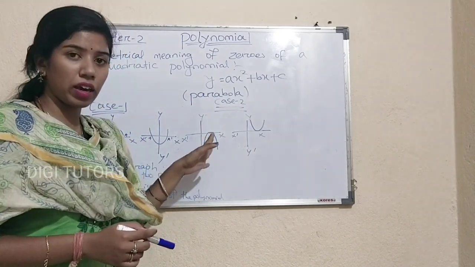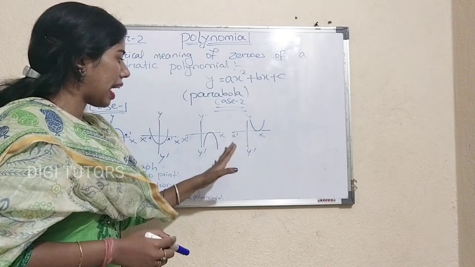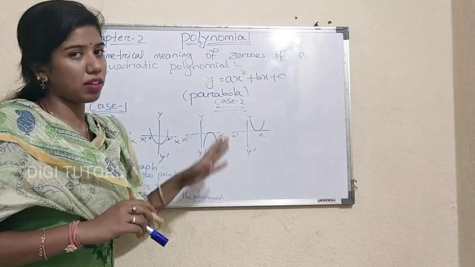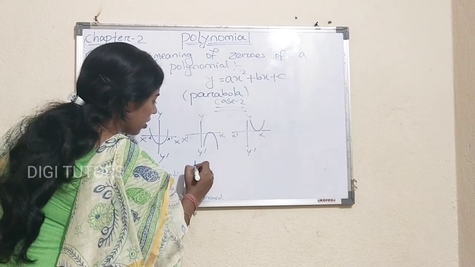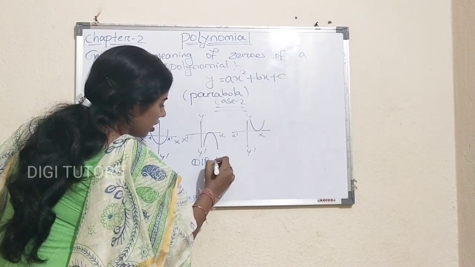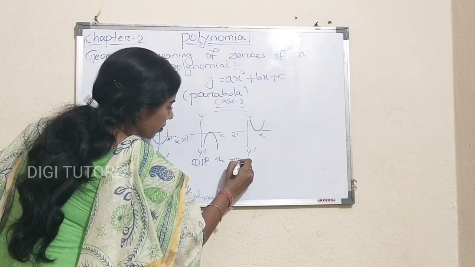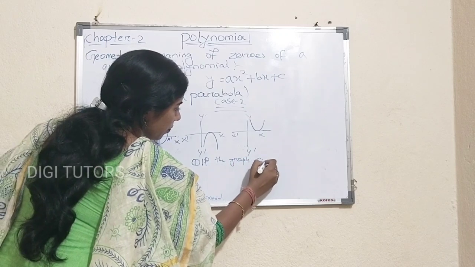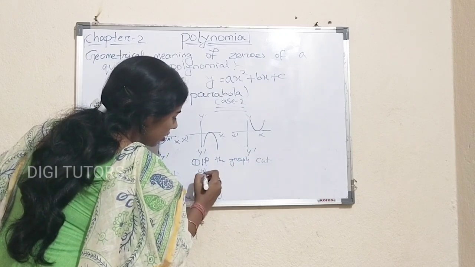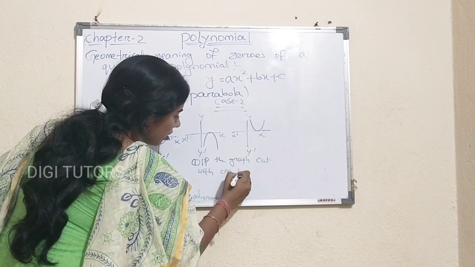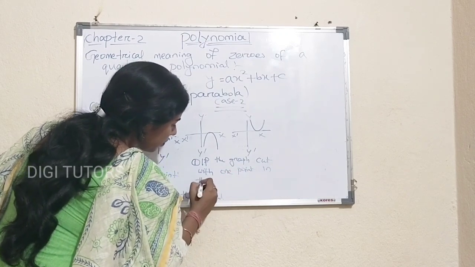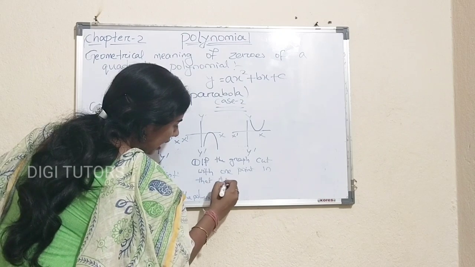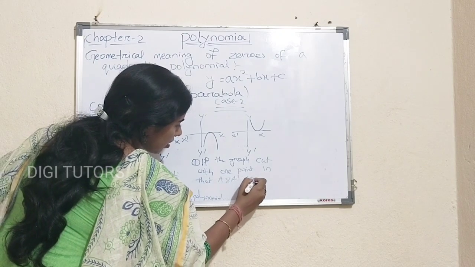You see that? In that case A and A dash, the 2 points, coincide. If the graph meets the x-axis at 1 point, then A and A dash coincide.